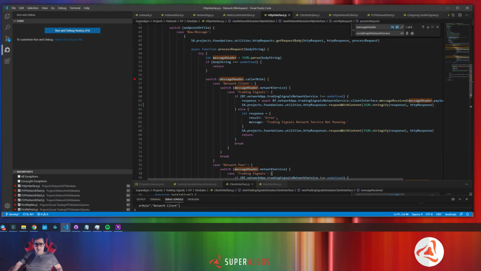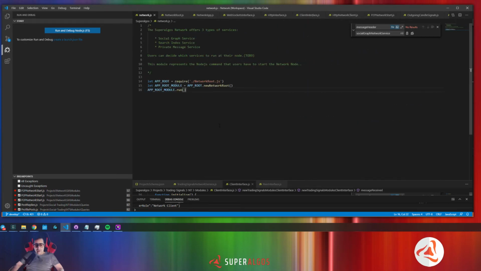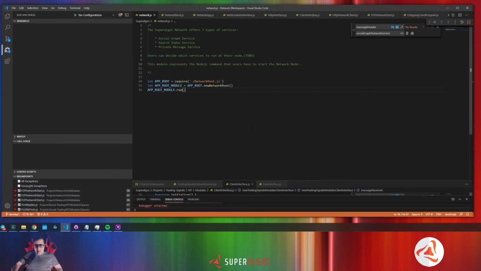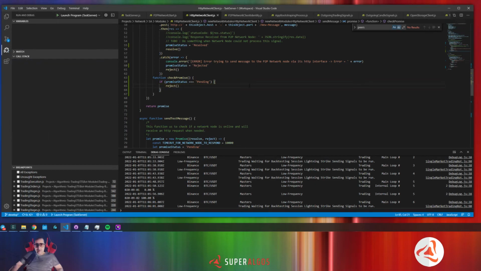So what I'm going to do now is I'm going to run this without this breakpoint. And I'm going to do the full test of the trading signals. So I'm going to remove these breakpoints, but I'm not even going to execute this from here, but from Node.js because I know the signals are being sent.